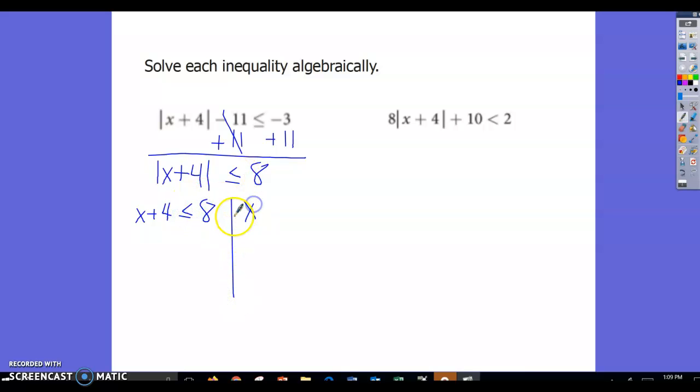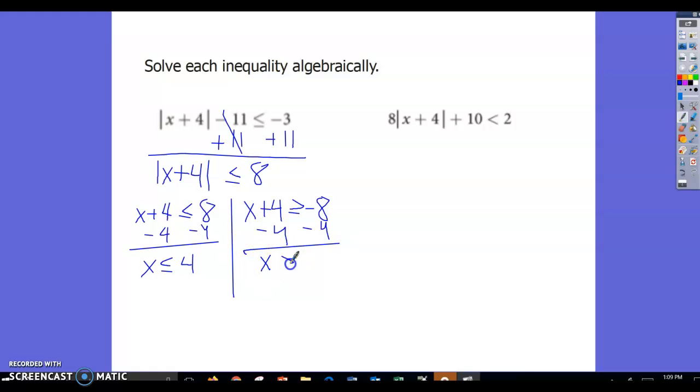And remember, when we have an inequality, we do one extra thing: we switch the sign and the symbol. So x plus 4 greater than or equal to -8. So then we're going to have x less than or equal to 4, and here we're going to have x greater than or equal to -12.